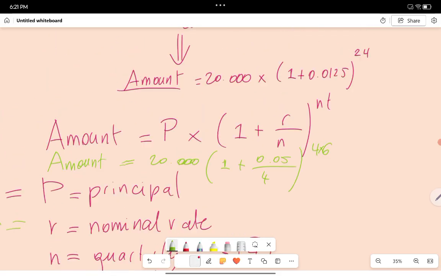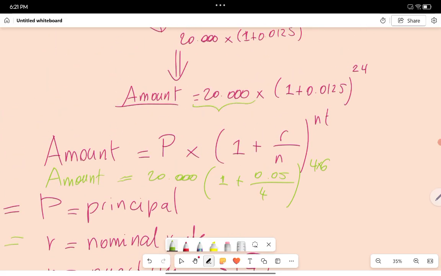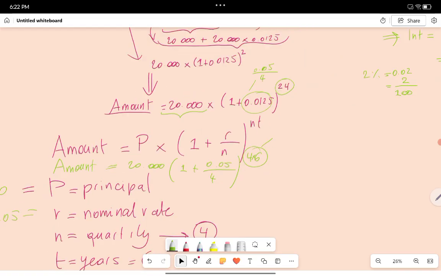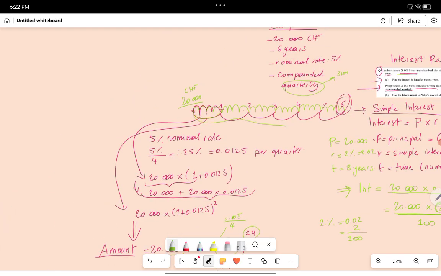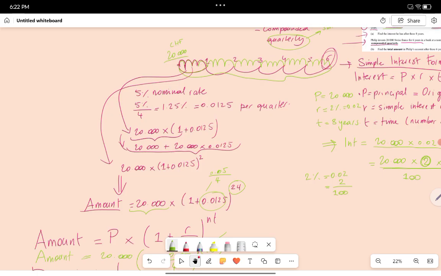So you see that this is the same. This is our 20,000. 1 plus this is actually 5% divided by 4, because we're looking at quarterly compounded. And 4 times 6 is indeed 24. So you see where this formula comes from? Because we have 24 moments where we recalculate the value.